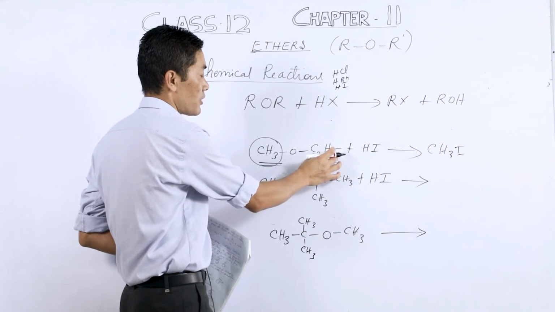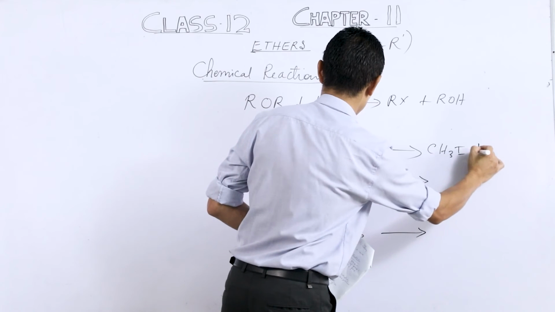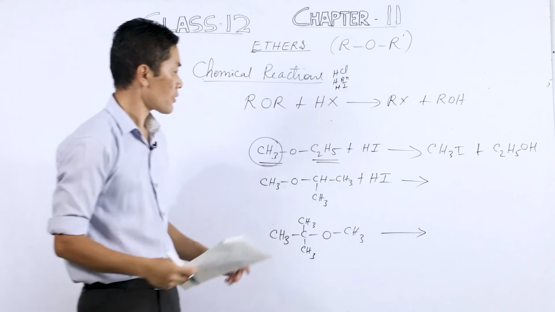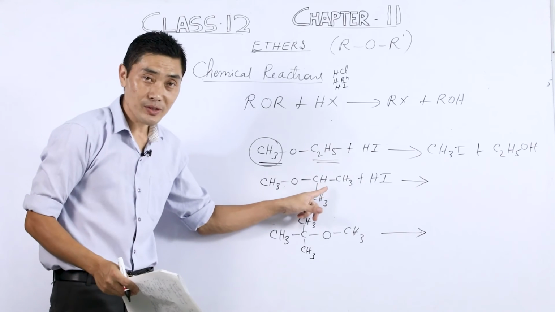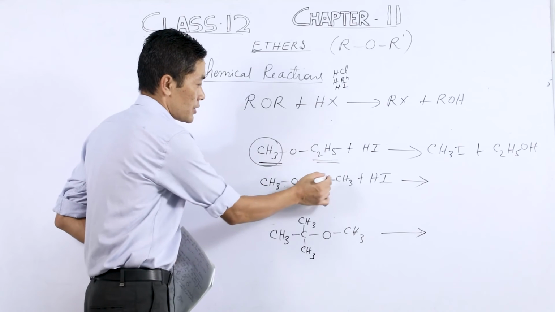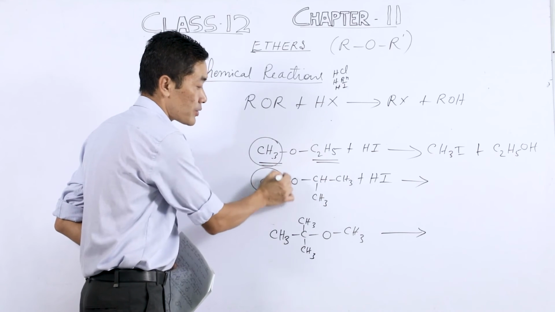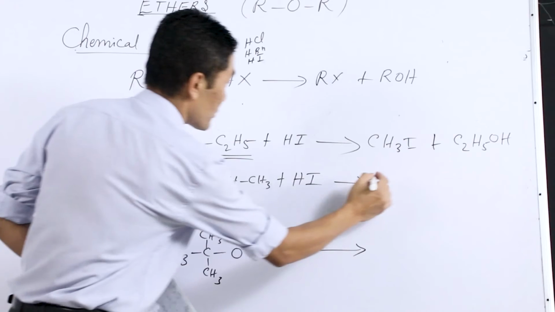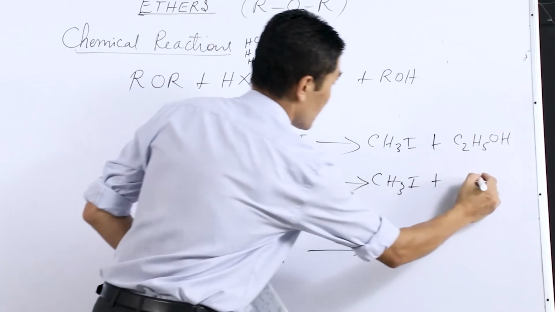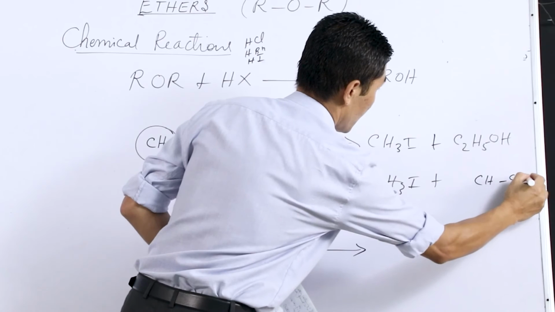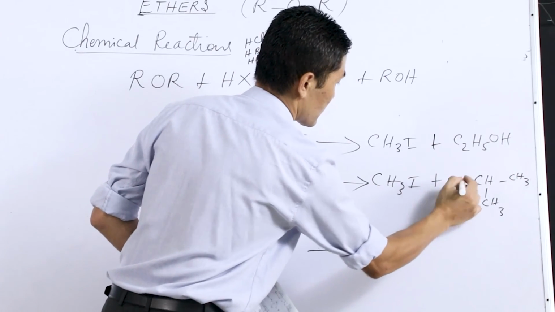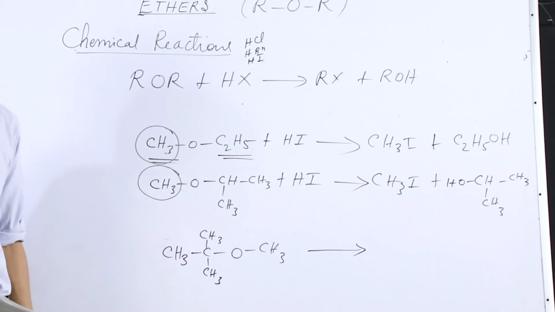Then the other one will form the alcohol. In the case of secondary alkyl groups also, the halide formed will be primary. So we will get CH3I plus CH(CH3)CH3OH. The alcohol formed will be secondary.